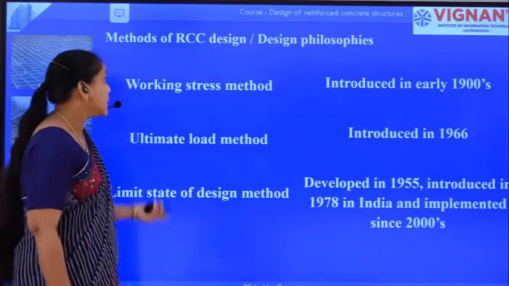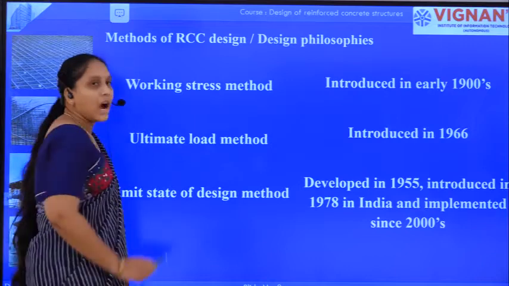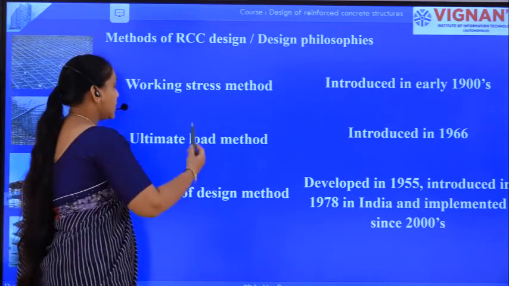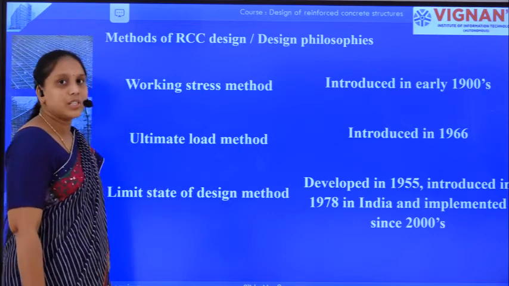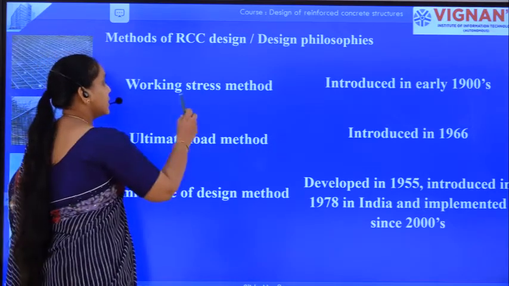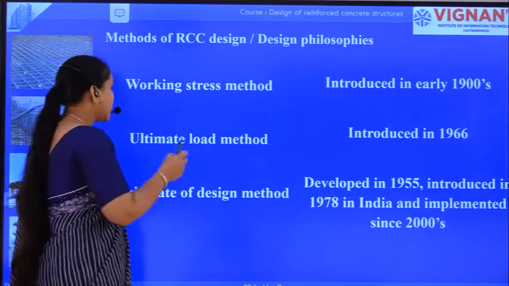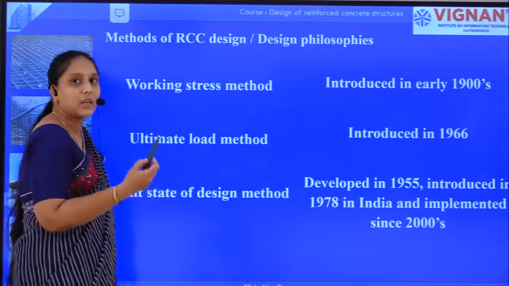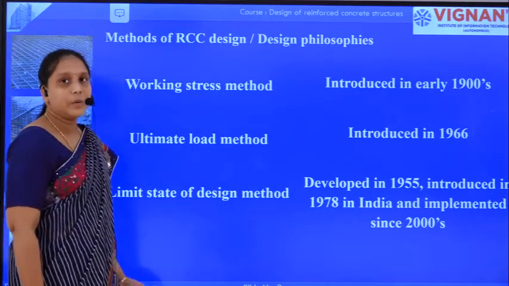So these are the three design methods for RCC: the working stress method, the ultimate load method, and the limit state design method. In short they are called WSM, the working stress method, ULM, the ultimate load method, and LSM, the limit state method.